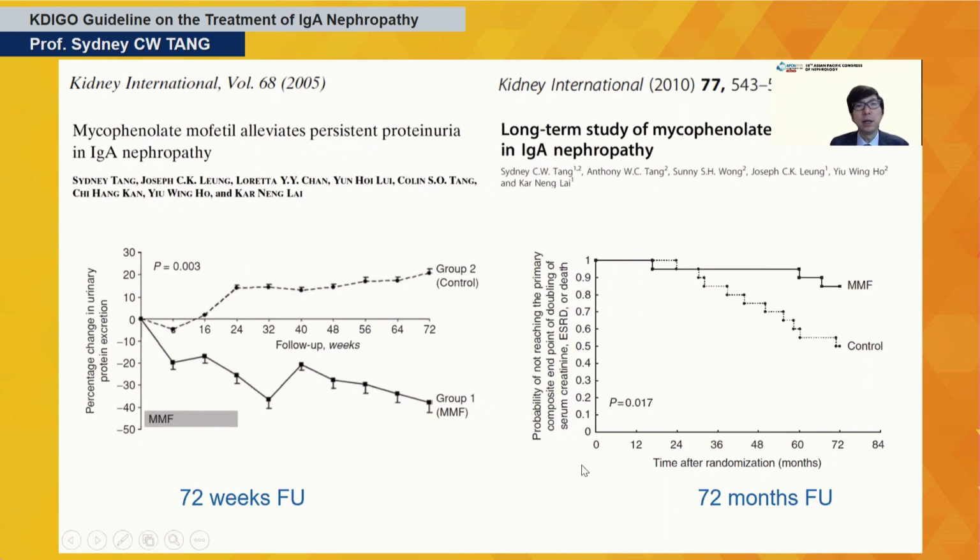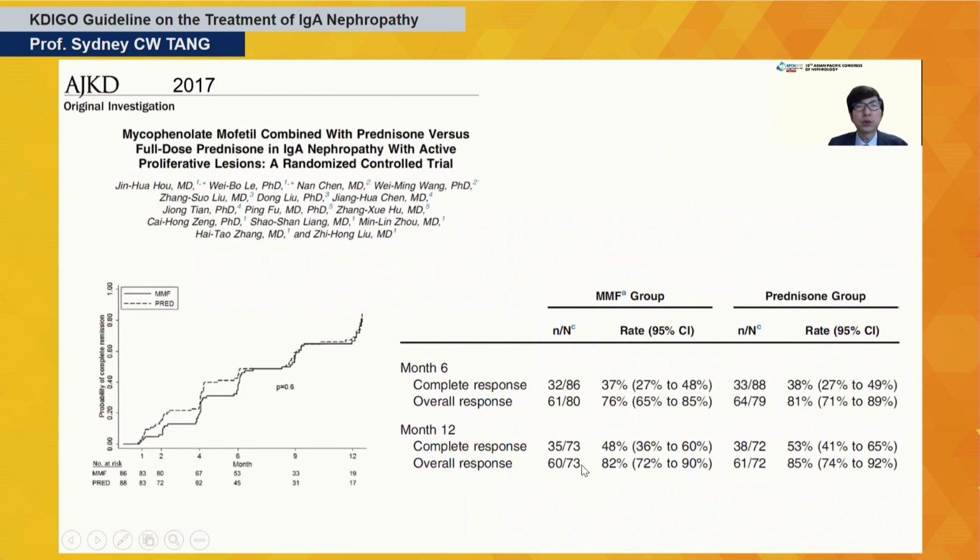And more recently, of course, we also have data from this trial from China. This is a single RCT showing that MMF with low-dose corticosteroids was non-inferior to standard-dose corticosteroid for the treatment of incident IgAN patients presenting with proliferative histologic lesions, meaning E or C lesions, with or without necrosis on kidney biopsies and proteinuria more than 1 gram.